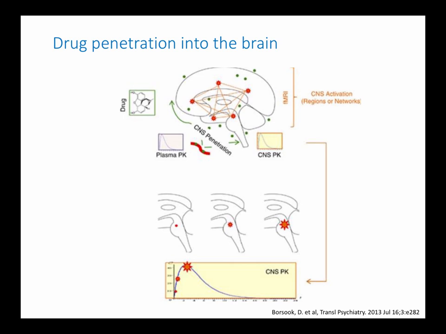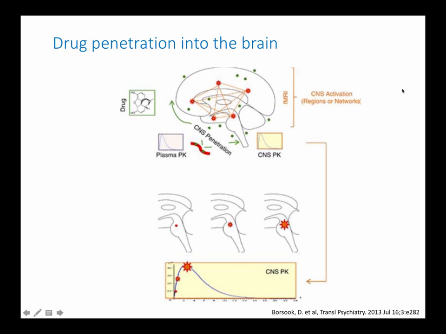So one of the special things about the brain is that it's got the blood-brain barrier, so not all drugs can reach the neural targets. But since fMRI in particular is non-invasive, you can see whether or not it's modulating any of the brain systems. Of course, there's a slight confound with fMRI: you're not sure that it's exactly doing something at the neural level.